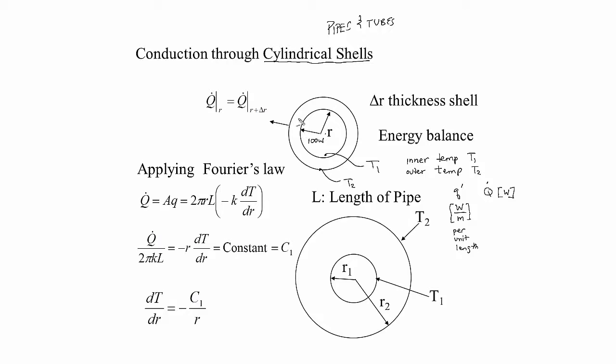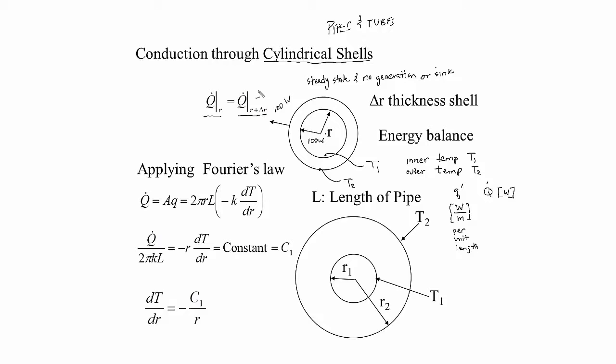Since there are no transients, so it's steady state, and there's no generation or sink inside that pipe wall, we have to have 100 watts come out at any given radial dimension. So the heat transfer rate at any r location is equal to the heat transfer rate at some r plus delta r, a differentially thin layer, or even a macro, large layer.